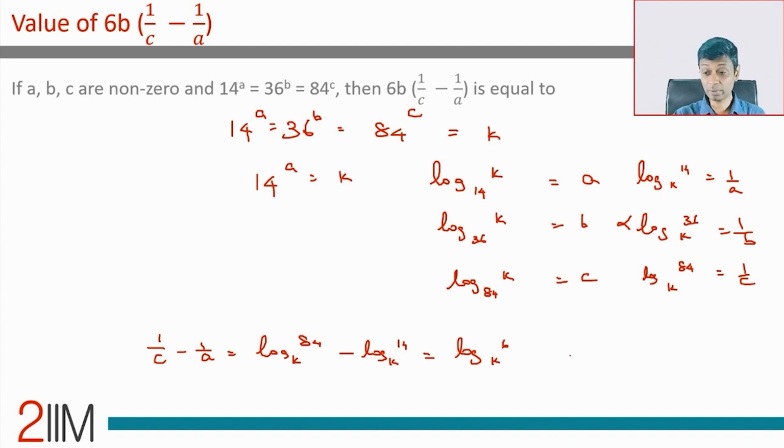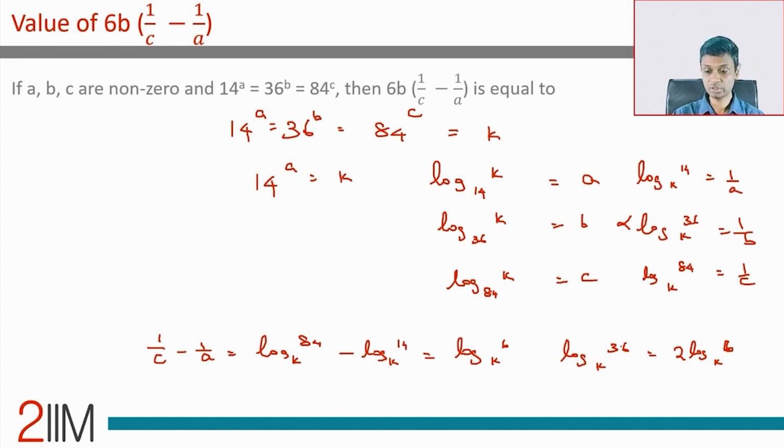Log 36 to the base K is 1 by B. Log 36 to the base K is nothing but 2 times log 6 to the base K, because 6 squared is 36.